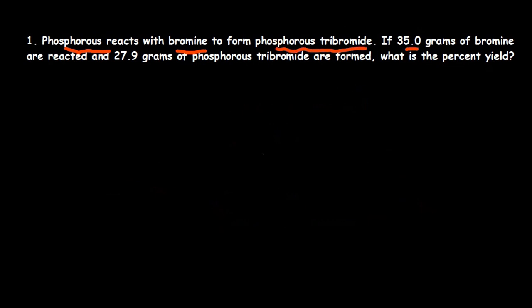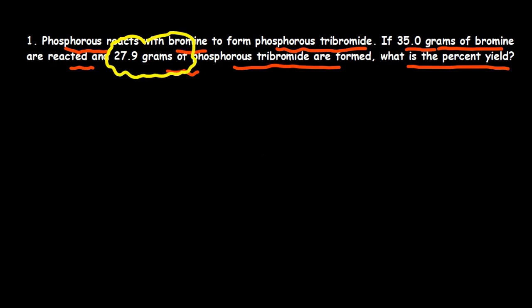If 35 grams of bromine are reacted and 27.9 grams of phosphorus tribromide are formed, what is the percentage yield? Notice that we've been given the actual yield here. The 27.9 grams of phosphorus tribromide that is formed is the actual yield.